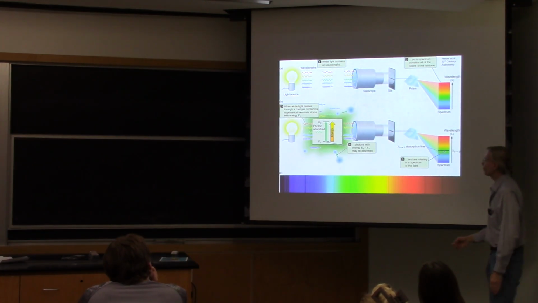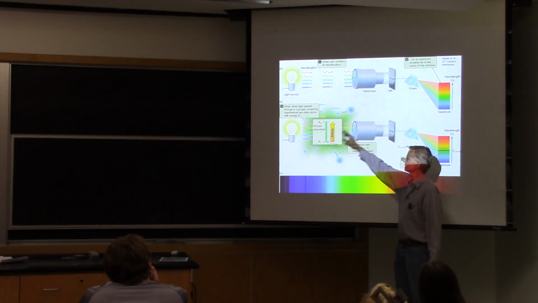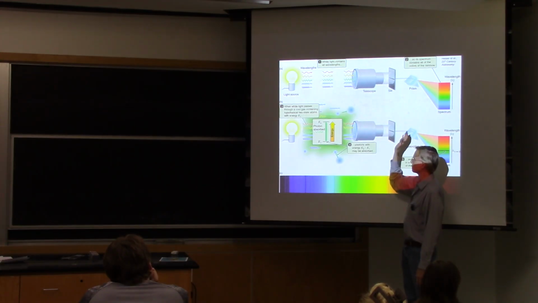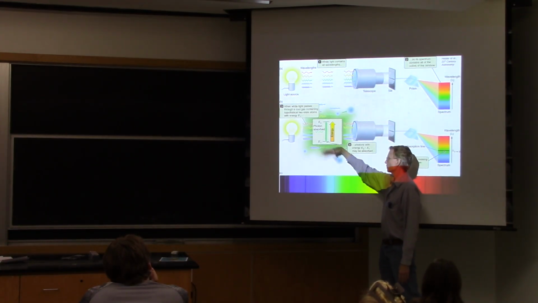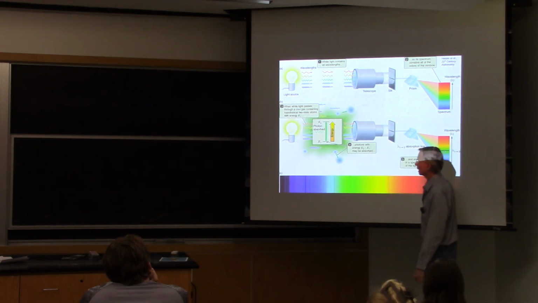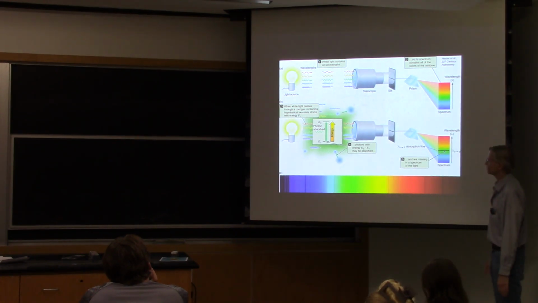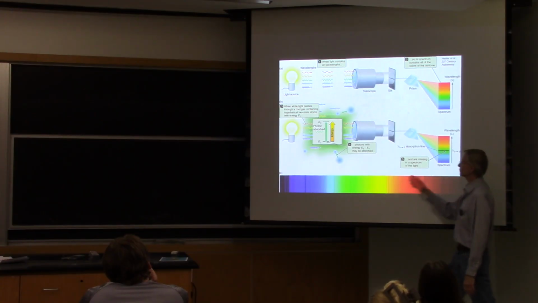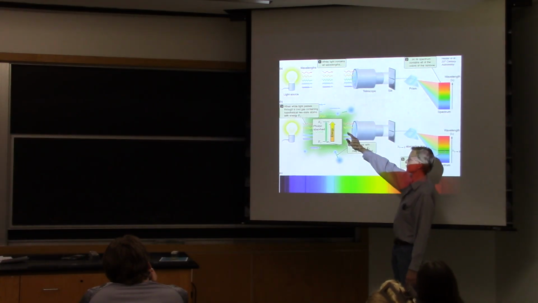But now, let's put some harmonium in between the light bulb and our spectrometer. Well, now what happens is that the harmonium selectively eats photons of its beloved wavelength and spits them out in random directions so that the light in the beam headed to the telescope is largely missing that green wavelength because the atoms ate them and spat them out in other directions.